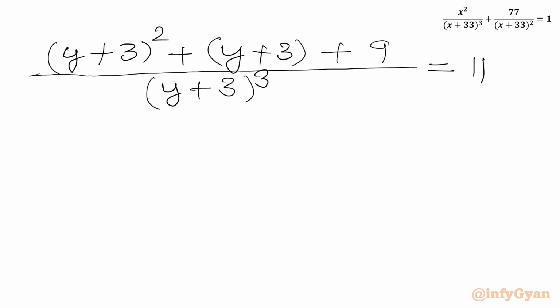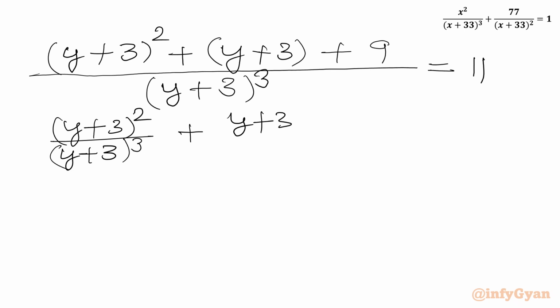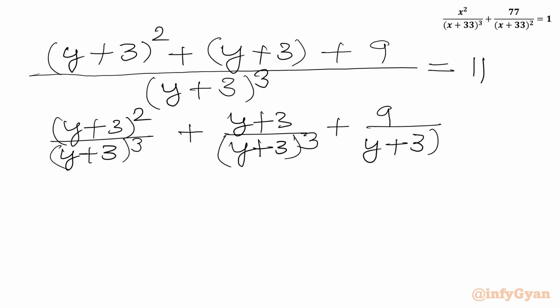Now I will split. I will write (y plus 3) whole square over (y plus 3) whole cube, plus (y plus 3) over (y plus 3) whole cube, plus 9 over (y plus 3) whole cube, equal to 11.